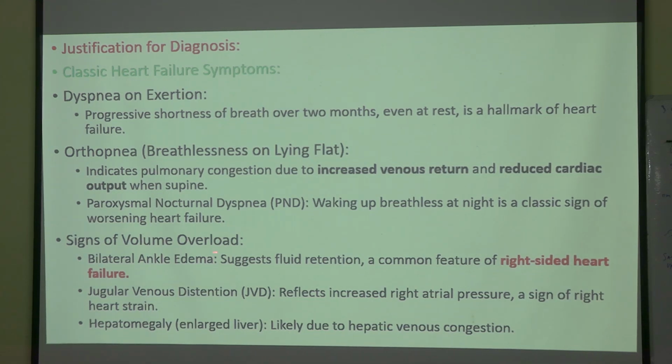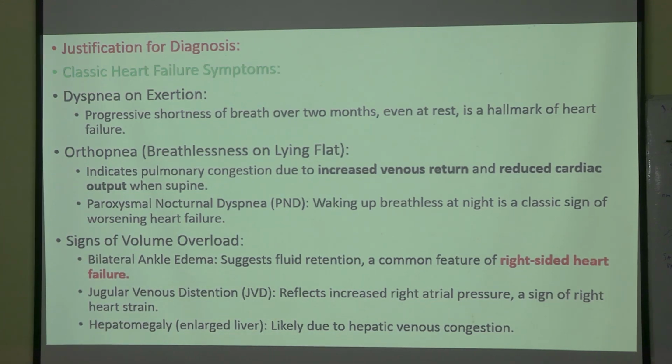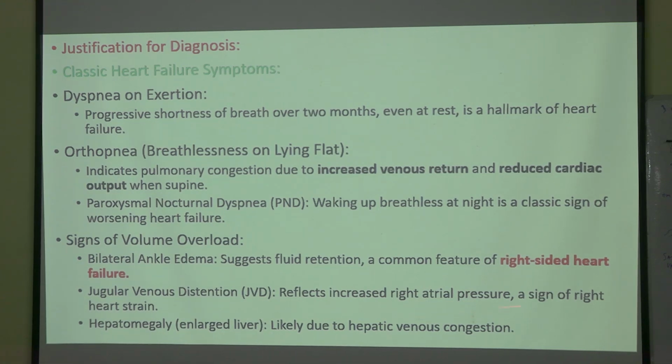In this particular case, there is an enlargement of this vein, so it reflects increased venous pressure. These enlargements of the veins ultimately lead to changes in pressure, which is a sign of right heart strain. This right heart strain is the main cause of right-sided heart failure.